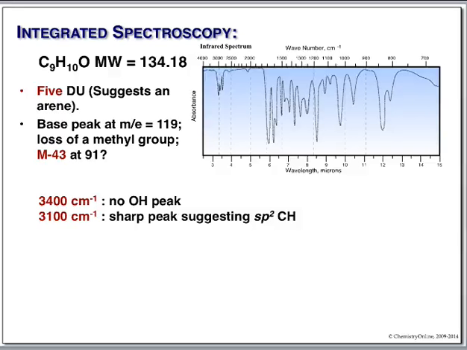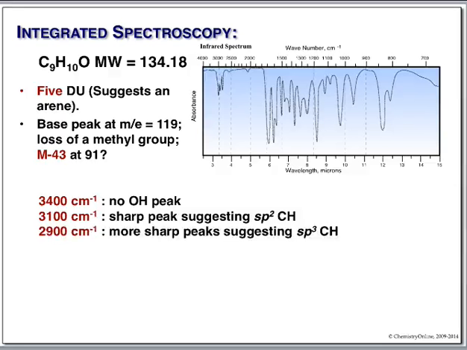We have a couple really nice peaks here at about 2900 or so for sp3 CH. These are too high to be aldehyde peaks. Remember we saw an aldehyde, that'll be about here, 2750 or so.